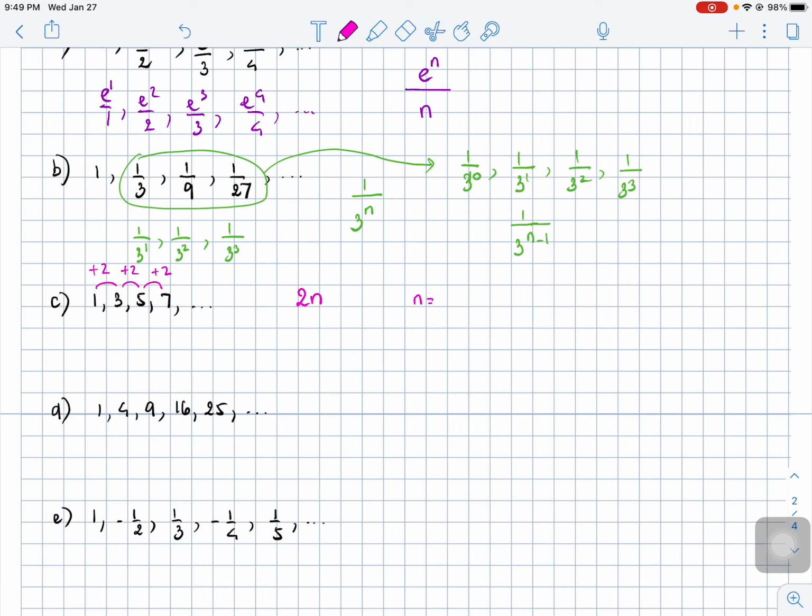If n equal to 1, we get 2 times 1 is 2. If n equal to 2, then we get 4. If n equal to 3, we get 6. So 2, 4, and 6 compared with the numbers 1, 3, and 5 is 1 unit less. So the sequence that we should have is 2n minus 1.